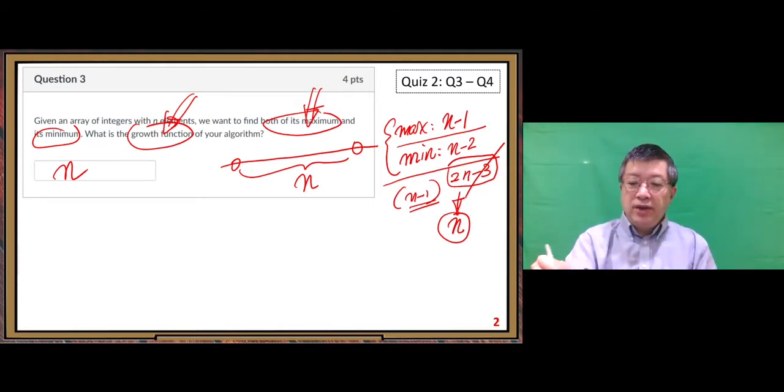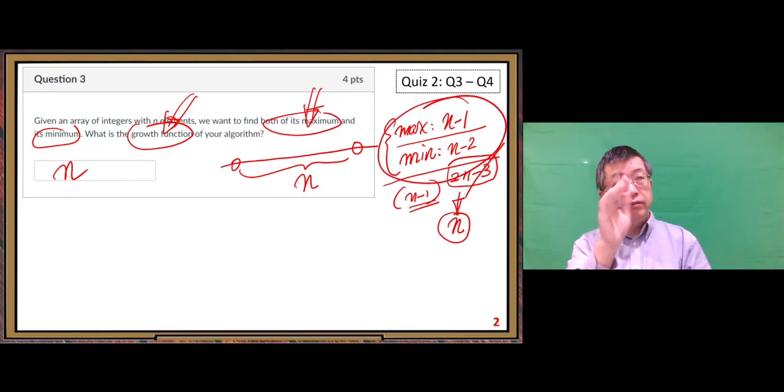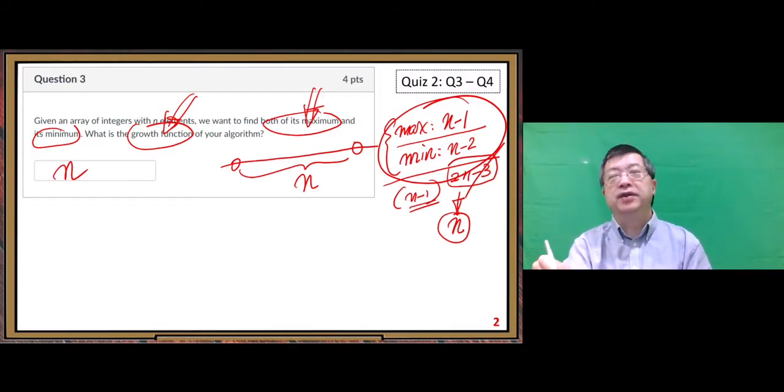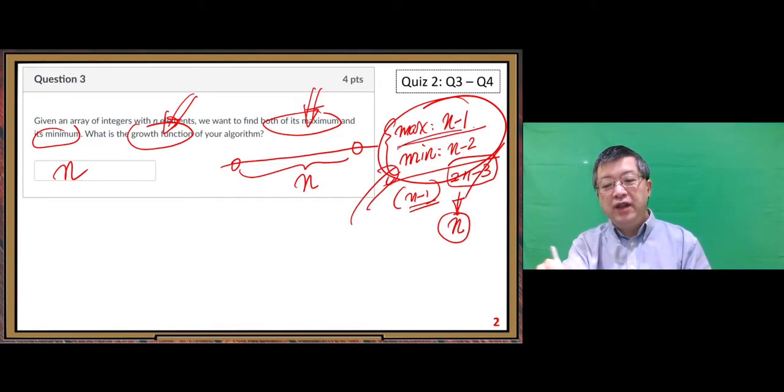Another thing is, here, I just want to make a comment. This way looks natural, but it is not the best way. The best way, we can do faster than that. The reason is when you find the maximum, you make many comparisons.